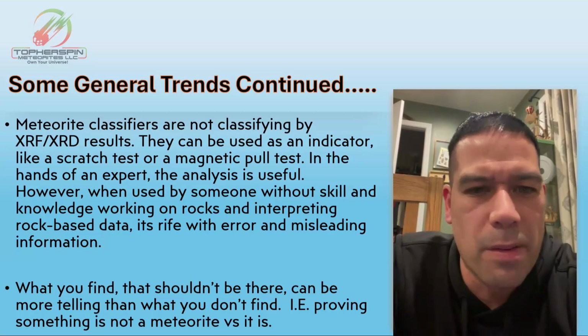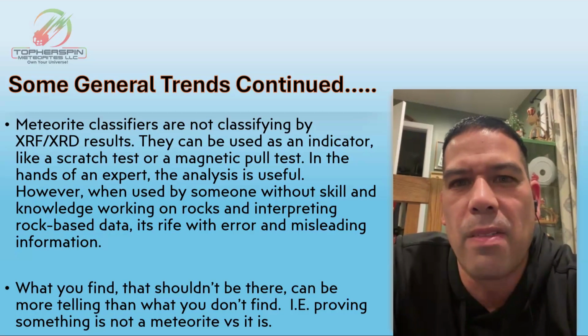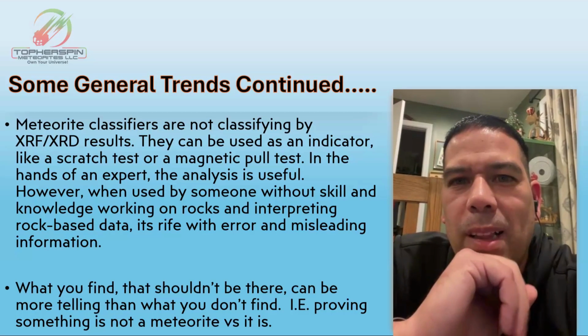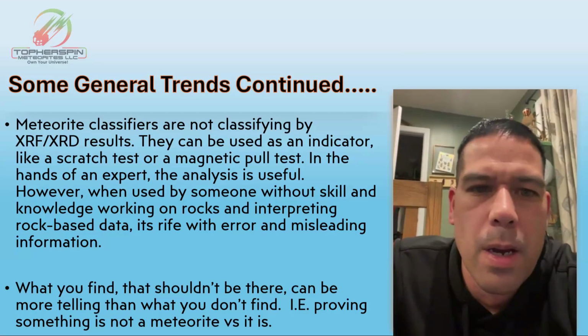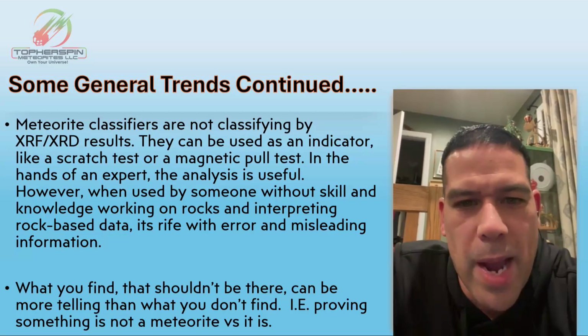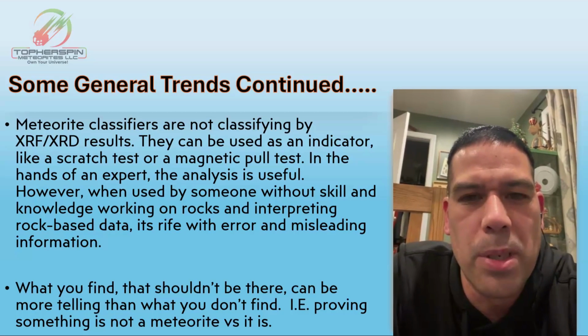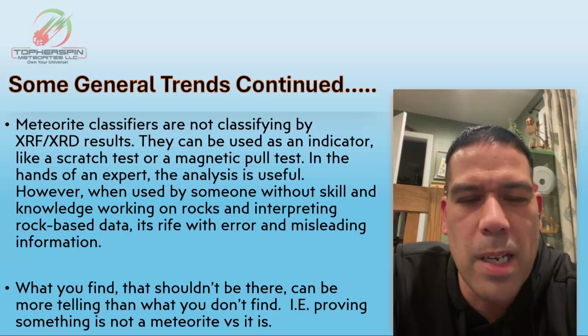So again, it is a useful tool. It is not the know-all end-all. If it was, people would be classifying off of it, but the classifications are not based off of XRF or XRD data. So add it to the arsenal. If you can get the right machine and the right person to read it, it definitely is very helpful. But don't stake the bank on it.